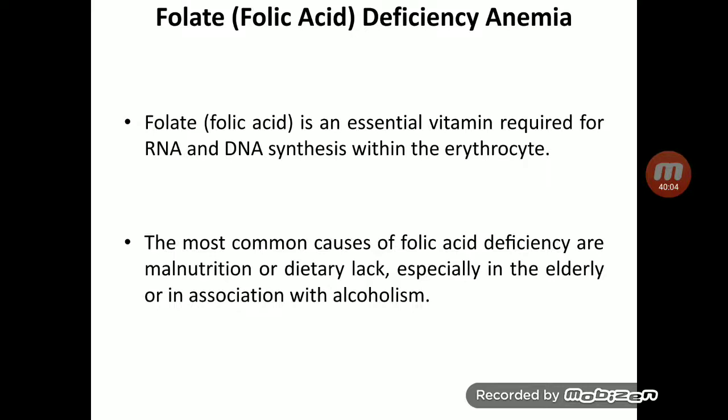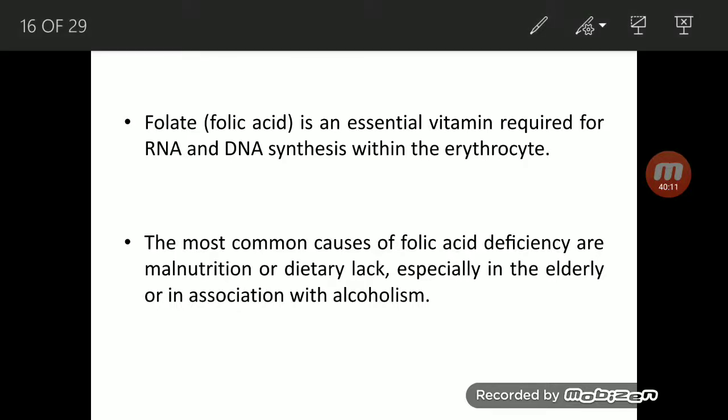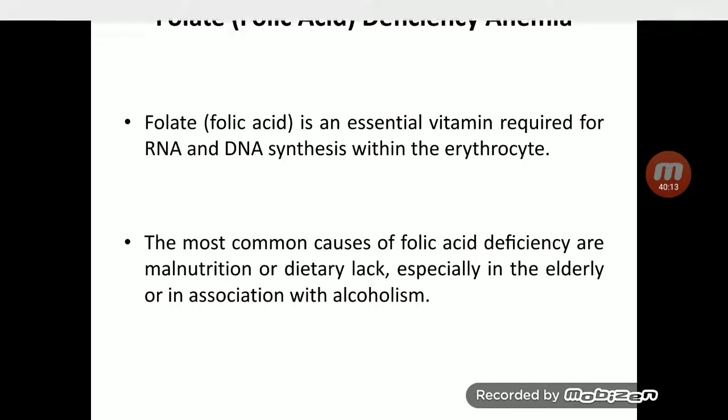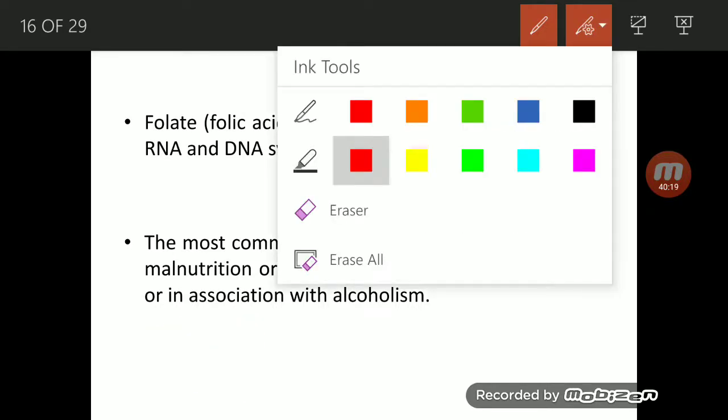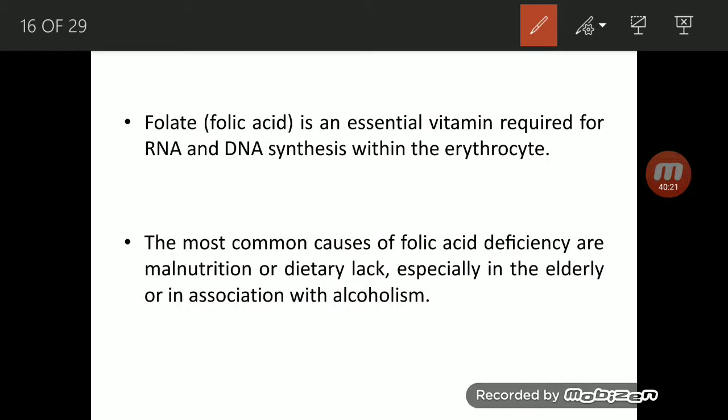So first we'll talk about your folic acid deficiency anemia. Normally folate or your folic acid is found in all food items. Folic acid is normally stored in your body.